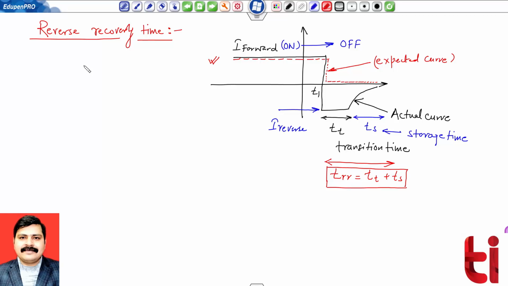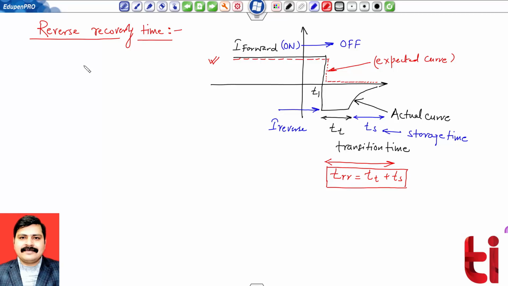So once there is a transition, these minorities are in the opposite side in large quantity. So there is a requirement of some time so that these minority carriers can revert back to their original sites. So this TT is the transition time, and this T storage is the settling time required to do this particular task. So the total combination of transition time and storage time is known as the reverse recovery time.